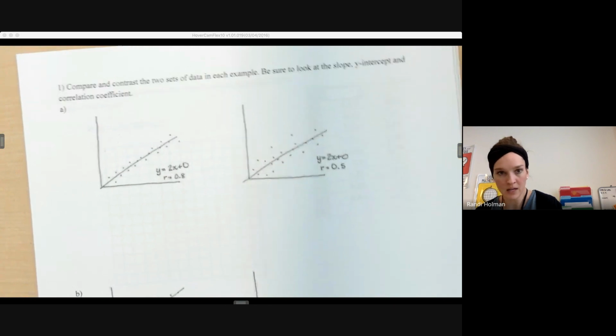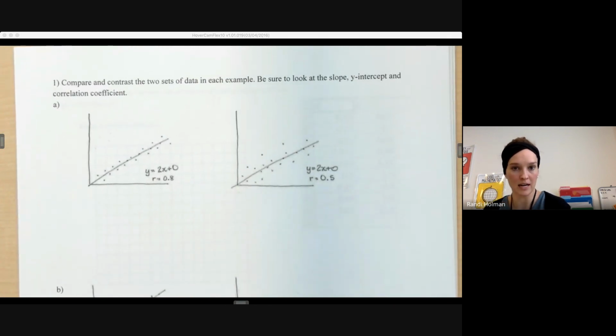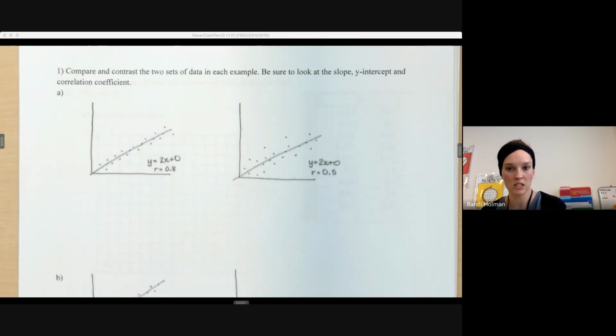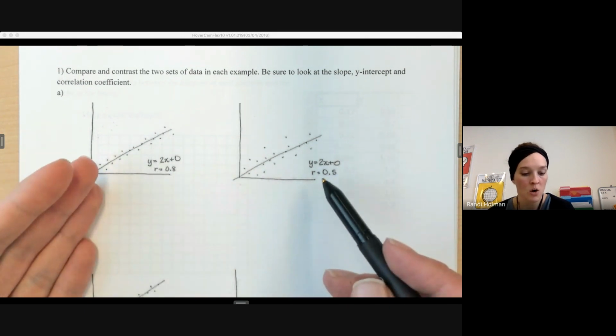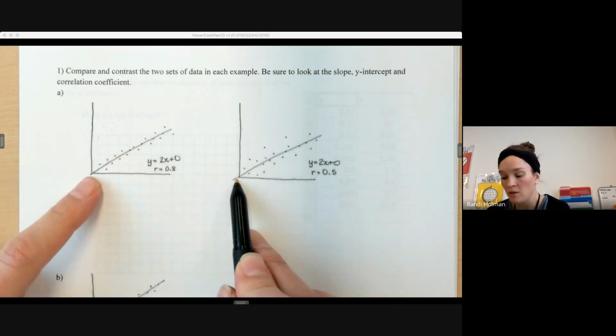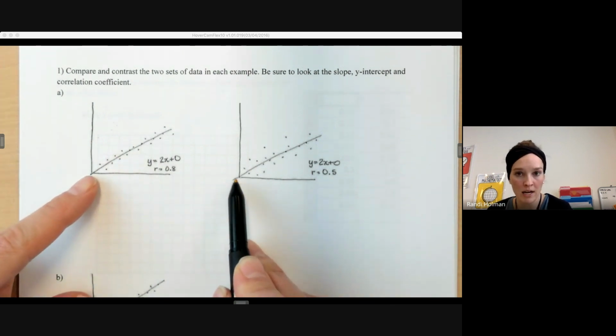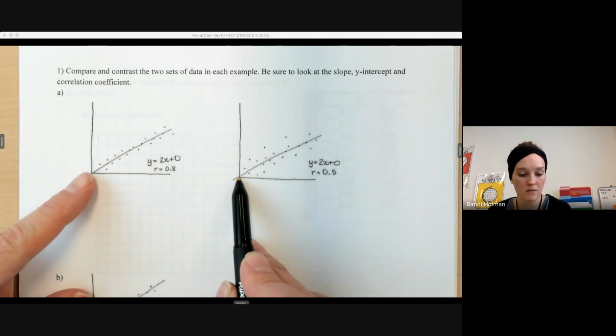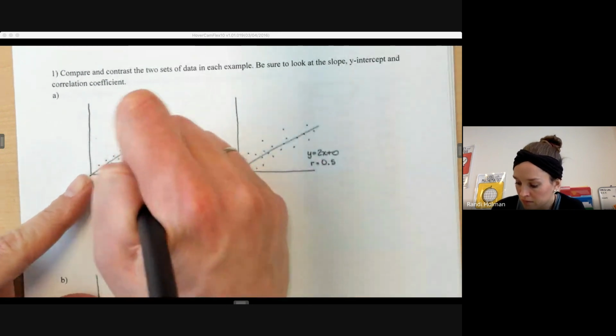Let's compare and contrast two sets of data. We're going to be thinking about those positives, negatives, intercepts. What is our correlation coefficient telling us? Looking at these two models, both start at 0, so they both have the same y-intercept. That is a good place to compare.